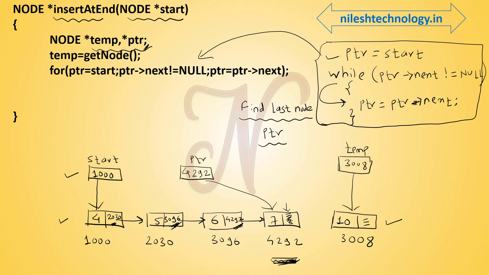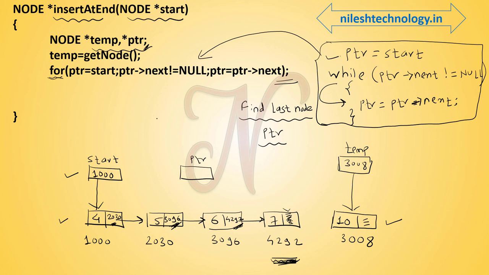Again, see here, by using the for loop. This for loop has a semicolon at the ending, which means it keeps executing until the condition breaks. So again, we find ptr by using the for loop.